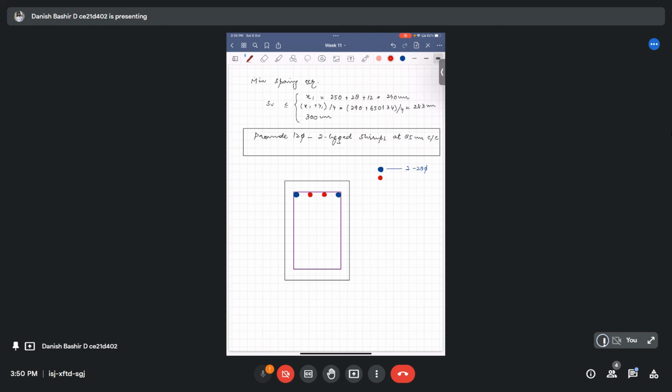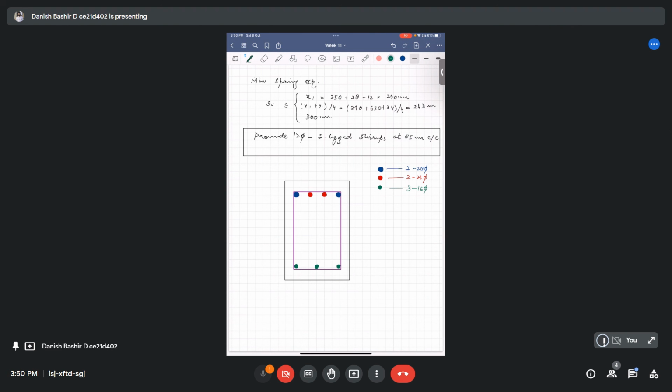At the bottom we provided 3 numbers of 16 phi bars. One here, one at the extreme, and one at the middle. Let me write this coding as 3-16 phi.